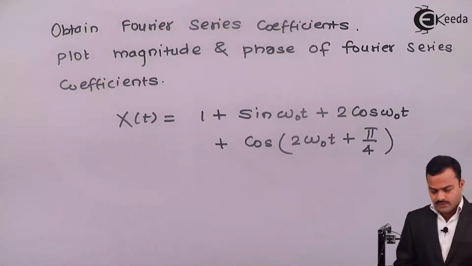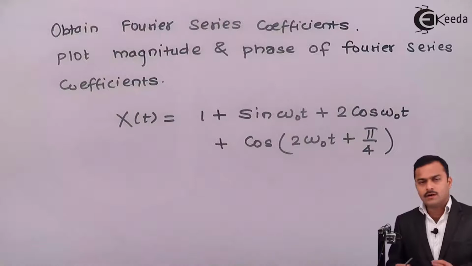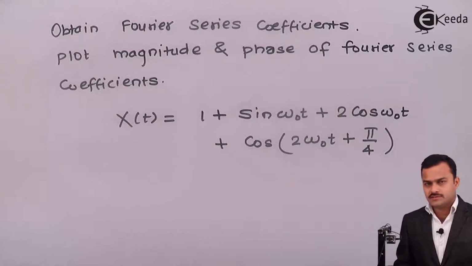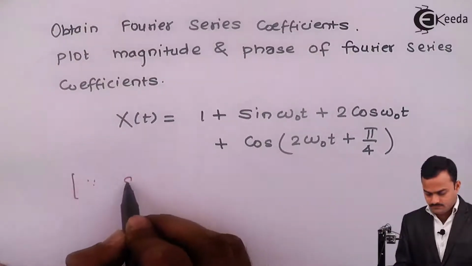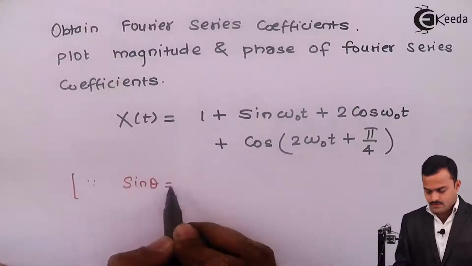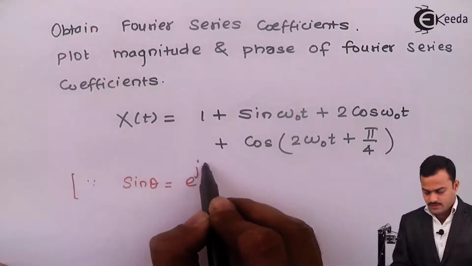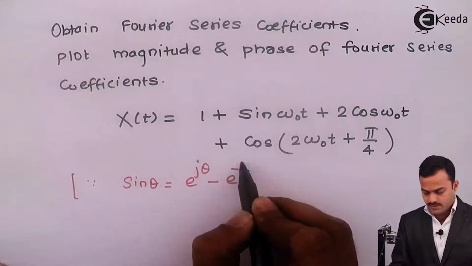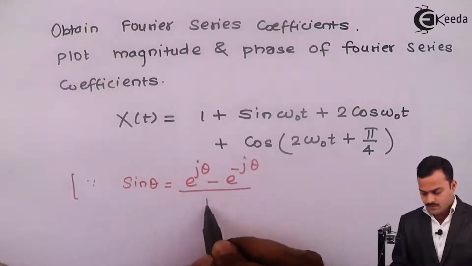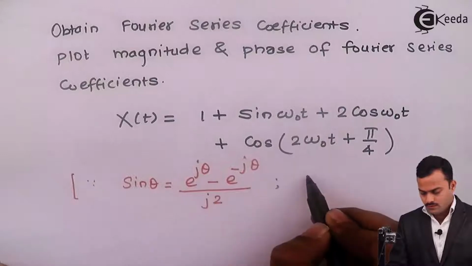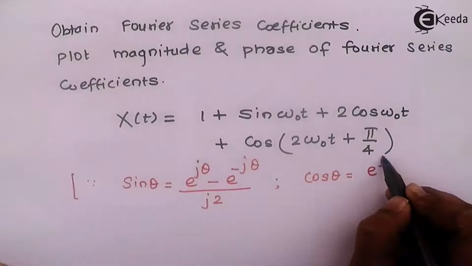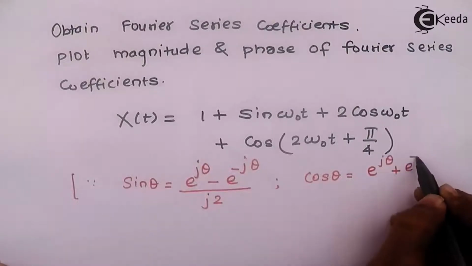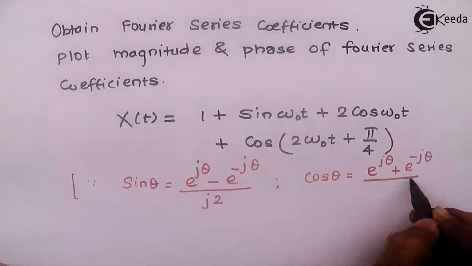So one simple thing over here is that all this we need to convert into complex exponentials, and that we obtain by Euler's identity, which says sine theta is nothing but e raised to j theta minus e raised to minus j theta upon j2, and cos theta is nothing but e raised to j theta plus e raised to minus j theta upon 2.